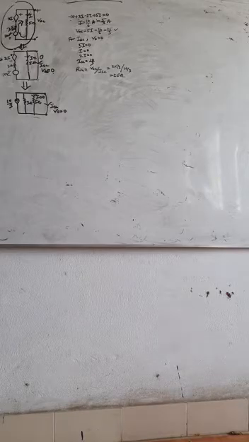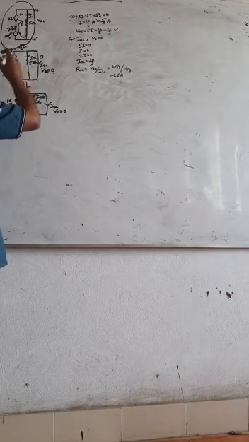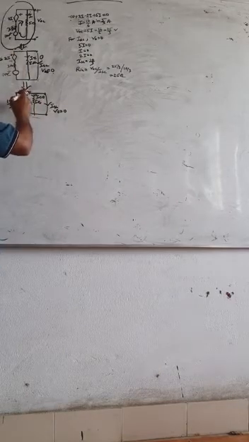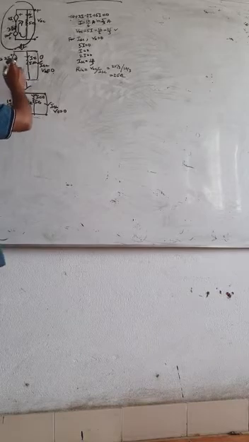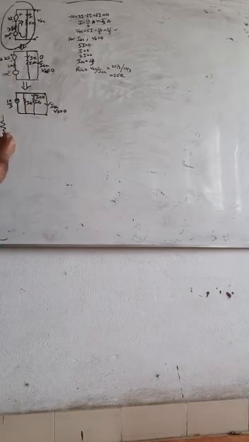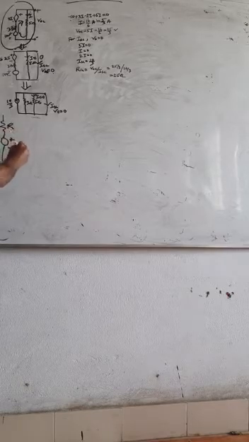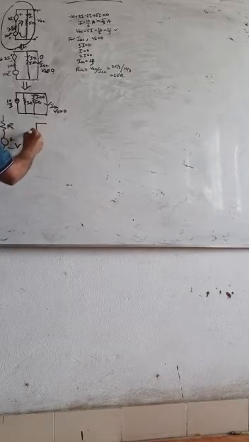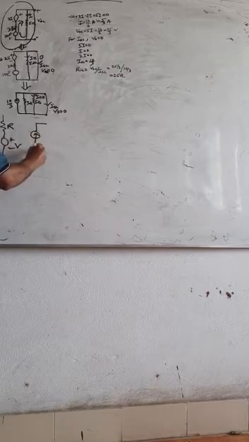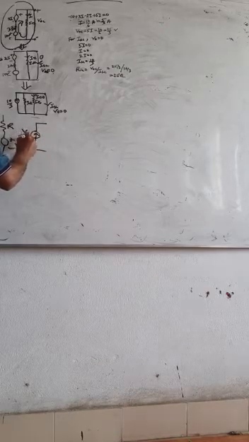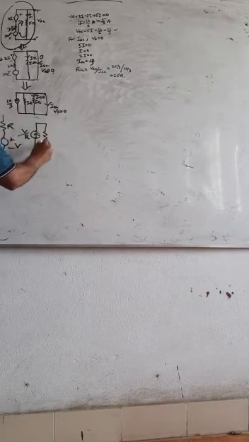Now, in order to make the problem easy, we have converted the voltage source to a current source. It is like that: a voltage source V connected with a resistance R in series can be converted into a current source V by R with R in parallel.